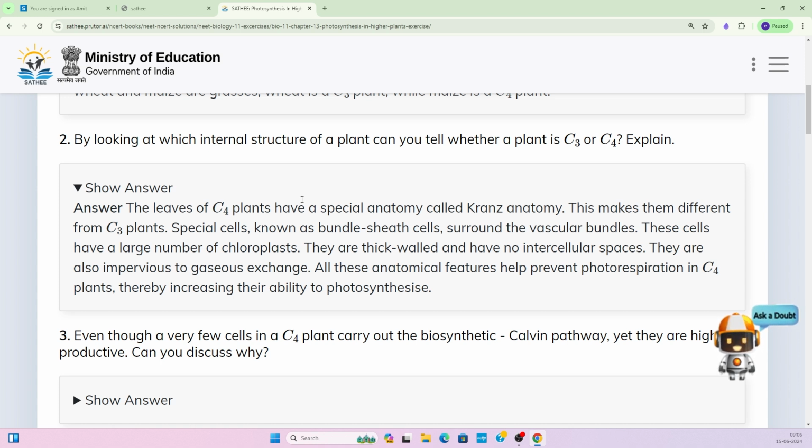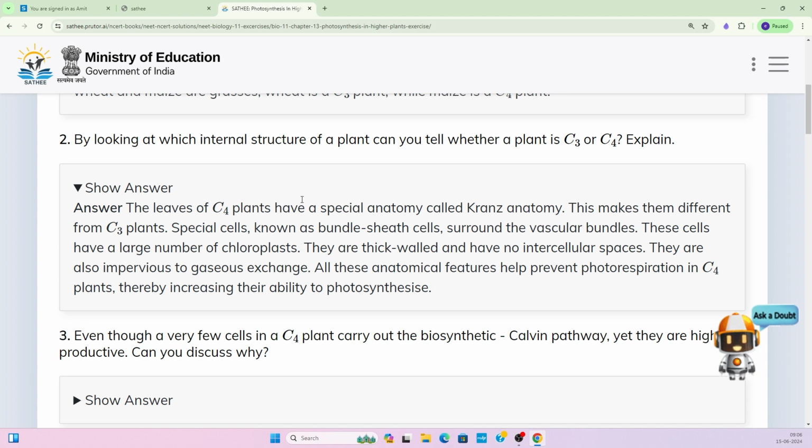They are also impervious to gaseous exchange, so no gaseous exchange can take place between these bundle sheath cells. So all these anatomical features help to prevent photorespiration.